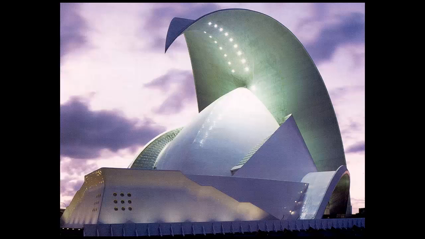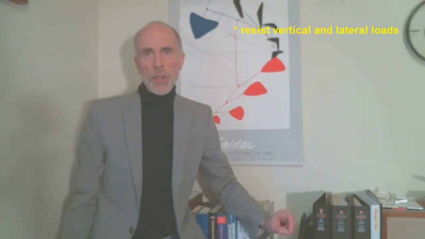Other structures, like unique shell structures, are much too complex for us to examine here. In considering all the structural systems, we've seen that it's essential that a system must be able to resist both vertical and lateral loading.